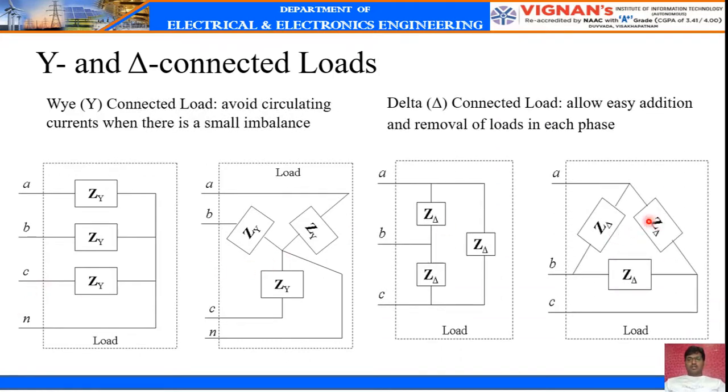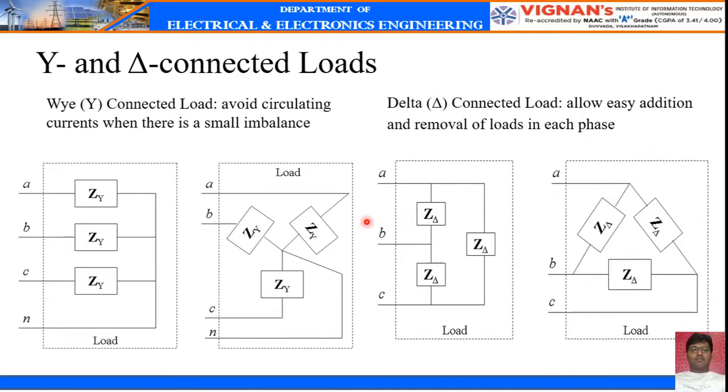Here you can see three loads, three impedances connected in the form of a delta, and three lines or terminals are taken out to connect to the three-phase sources at terminals A, B and C. You can observe that in a delta connected load, the neutral is absent. Now we will derive the magnitude of voltages and currents in delta and star connections.